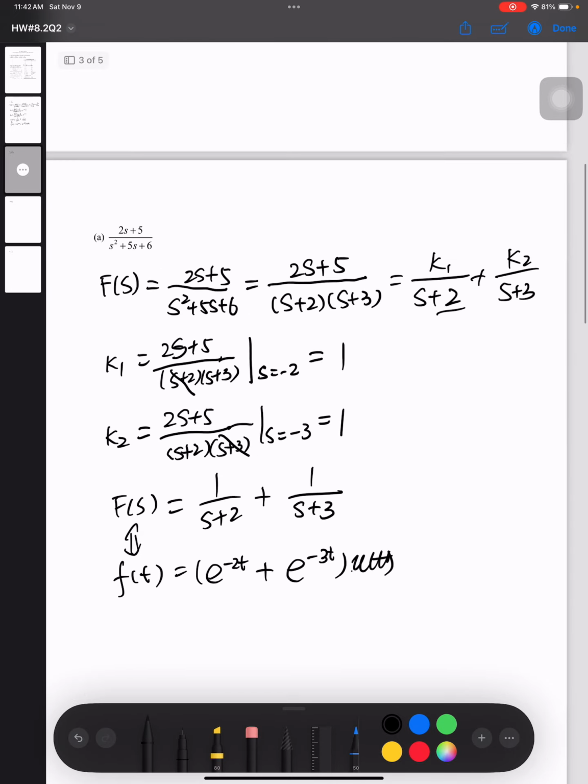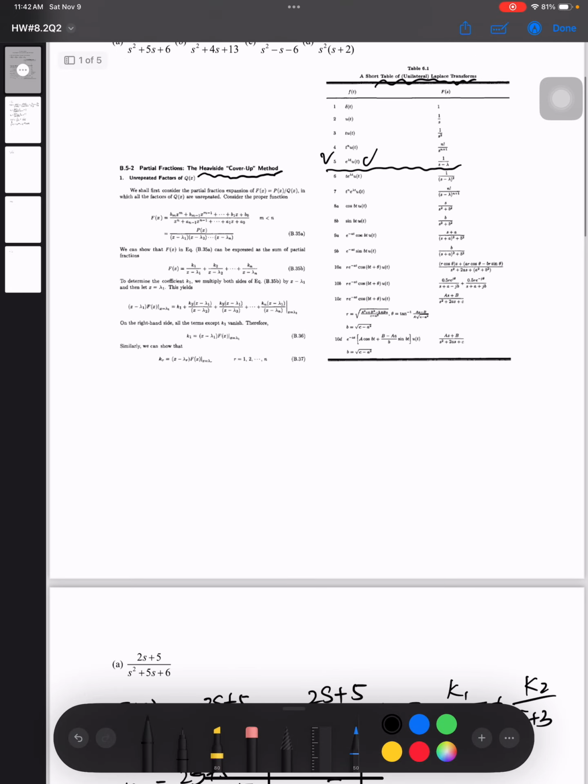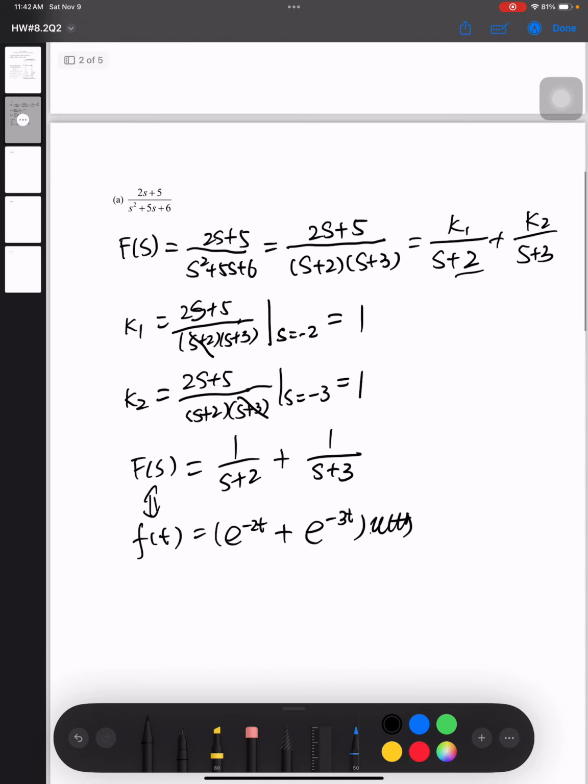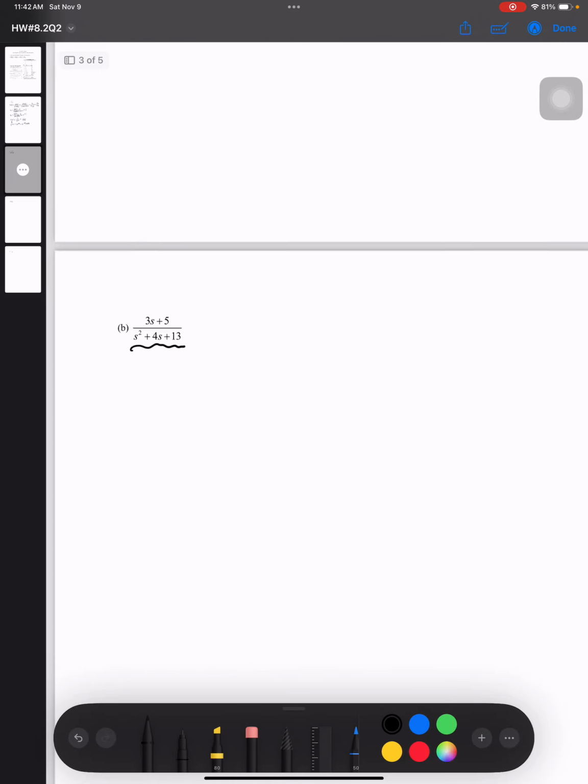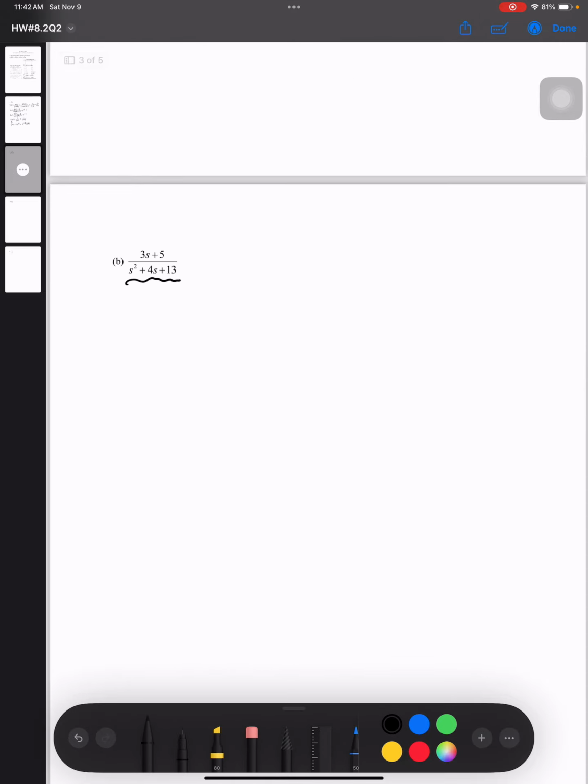We can see that it's similar to this one and this one, so we can use this pair, pair 10C and pair 10D. We can use these two pairs directly to get the inverse Laplace transform of these equations.